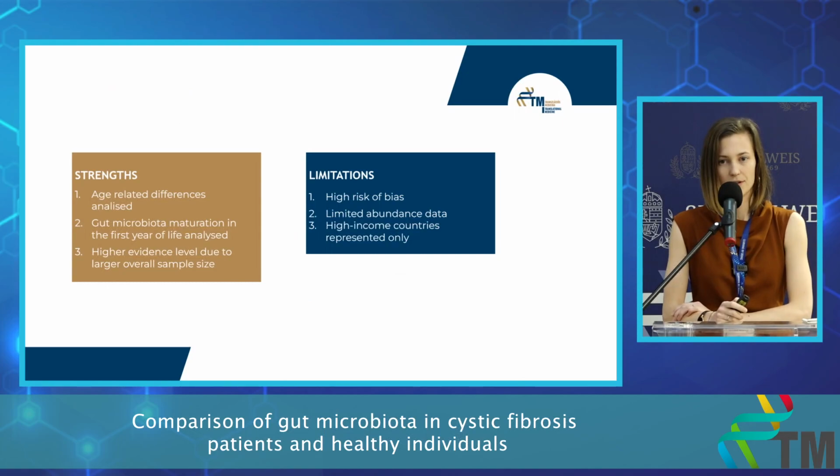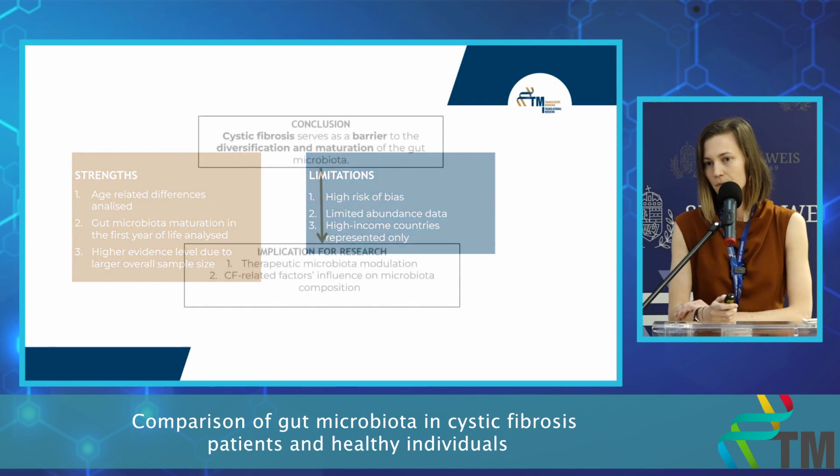So the strengths of our analysis are that we could analyze age-related differences as well as gut microbiota maturation in people with CF during the first year of life. And we have a higher level of evidence due to overall larger sample size. Our limitations were the high risk of bias of the articles, as well as limited abundance data, and that we could only include articles from high-income countries.